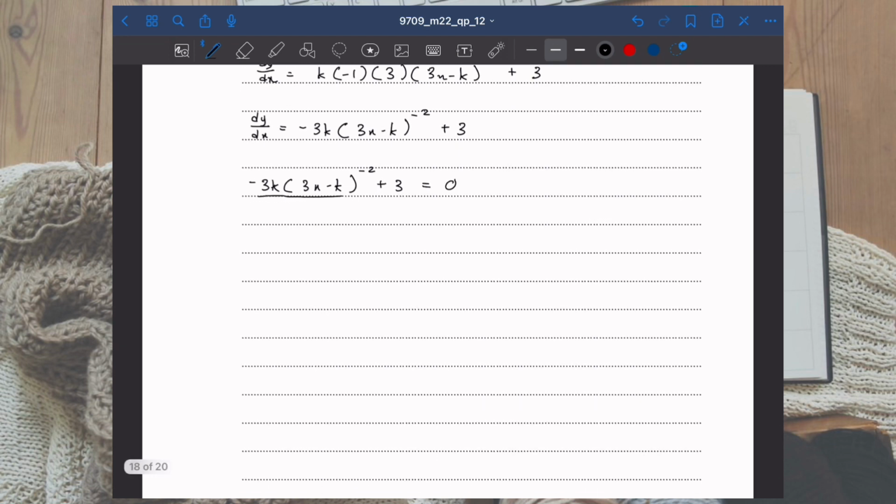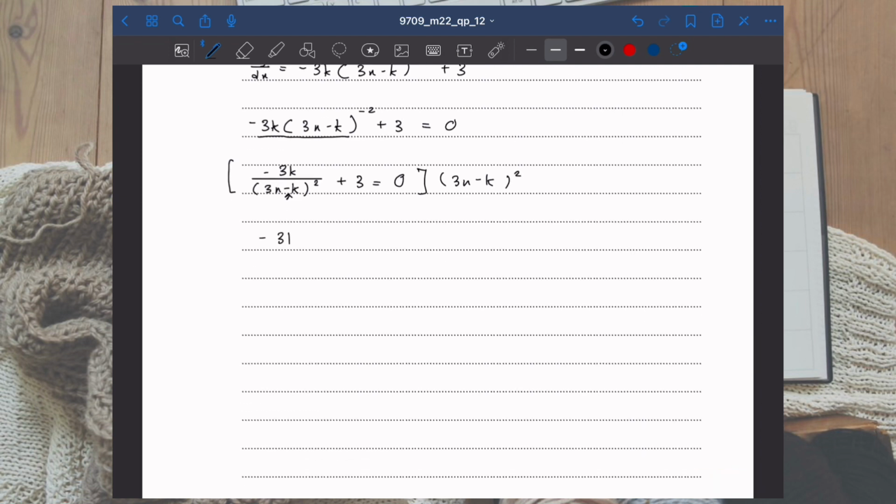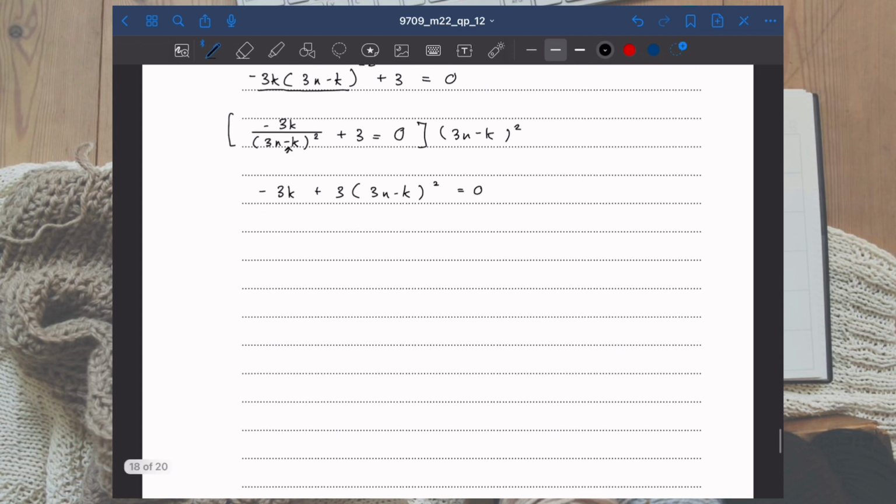I'll rewrite this part of the equation as a fraction. So negative 3k over 3x minus k squared plus 3 equals 0. Then I'll get rid of the fraction by multiplying the whole equation with the value of the denominator, which is 3x minus k squared. So I'll get negative 3k plus 3 bracket 3x minus k squared equals 0.